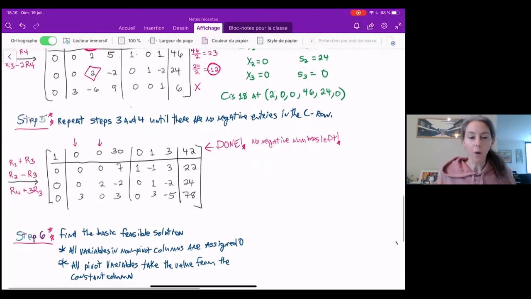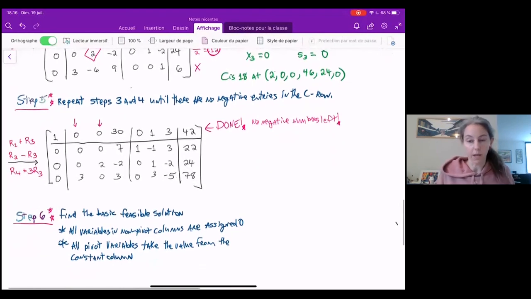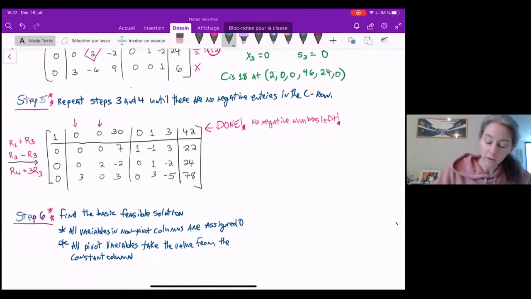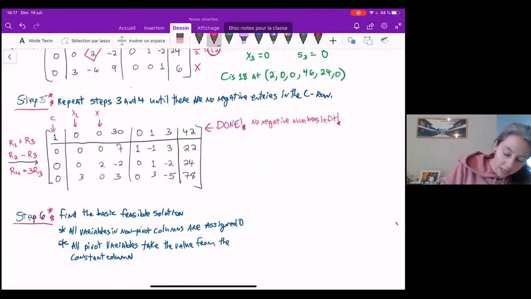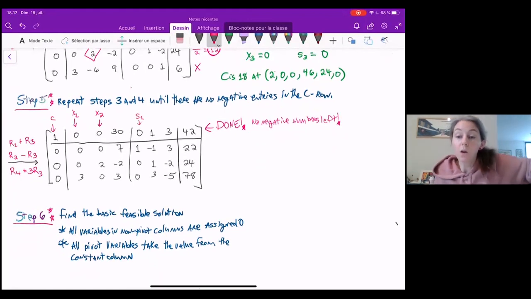So let's go now and look at the final simplex table. And the variables that have pivots here are my C column. So C is a pivot. Now X1 and X2 are pivots, and S1 is also a pivot. So those variables will take on actual values, while every other variable will take on the value of 0.